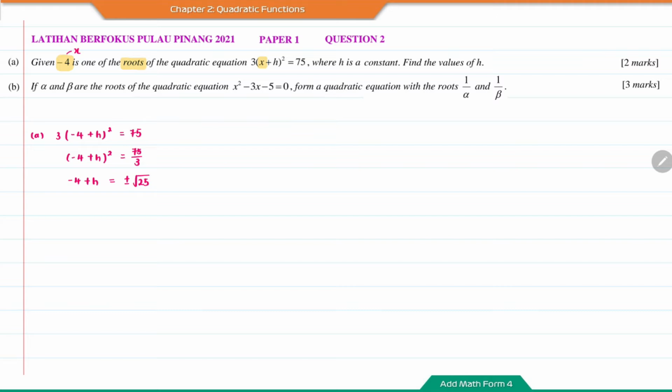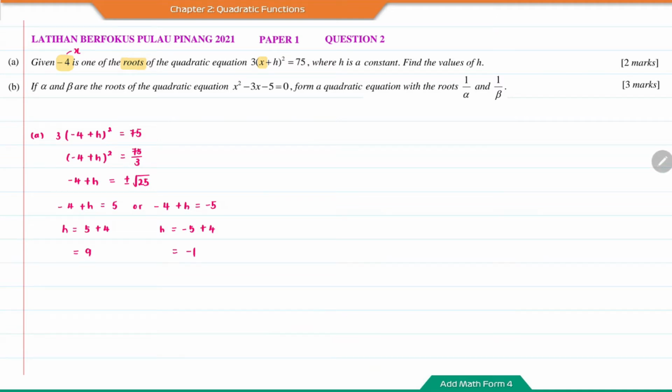The square root of 25 is equal to 5, so you're going to have one positive and one negative. Therefore, negative 4 plus h equal to 5, and the other one will be negative 4 plus h equal to negative 5. Here h is equal to 5 plus 4, therefore h is equal to 9. The other one will be h equal to negative 5 plus 4, which gives you the answer of negative 1. That will be the value of h for question A.